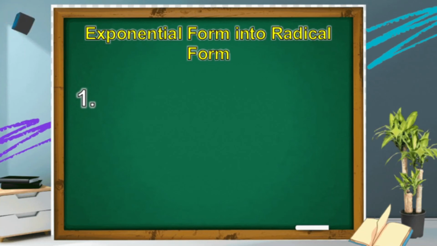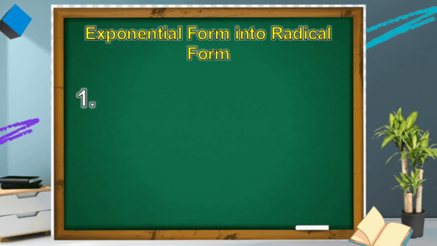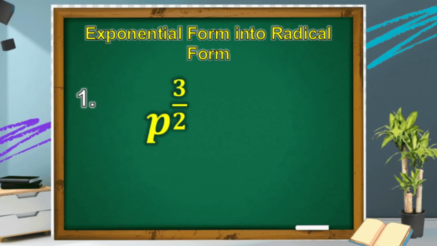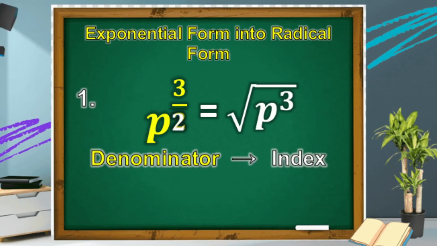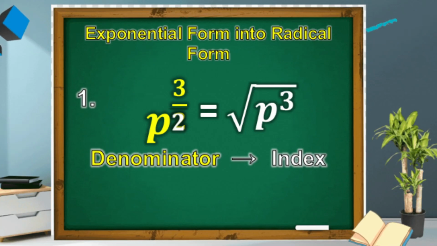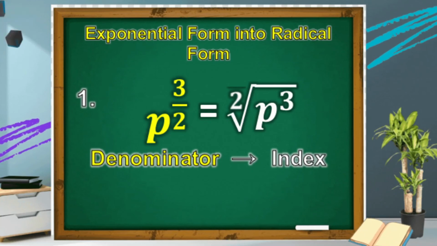Baliktad na naman natin from exponential form into radical form. So, baliktad. Example is p raised to 3/2. It can be written in radical form as square root of p cubed. Which is si 2, yung denominator natin sa exponent sa exponential form, siya yung magiging index natin sa radical form.